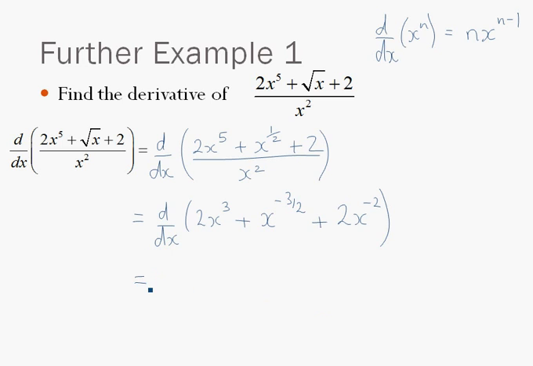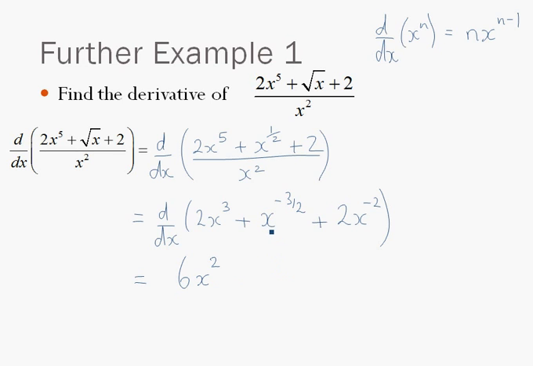Any constant multiples will remain. So the first term, the x cubed, when I use my rule, becomes 3, bringing down the power, x squared. Because I've already got a 2 there, it becomes 2 times 3x squared, or 6x squared.